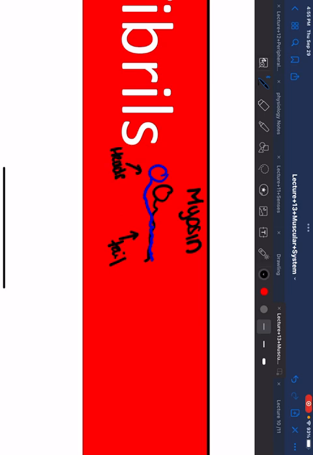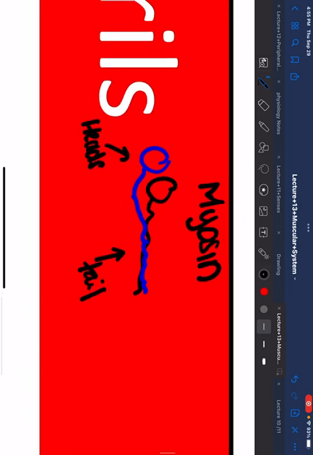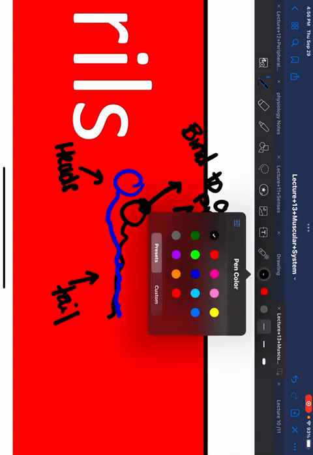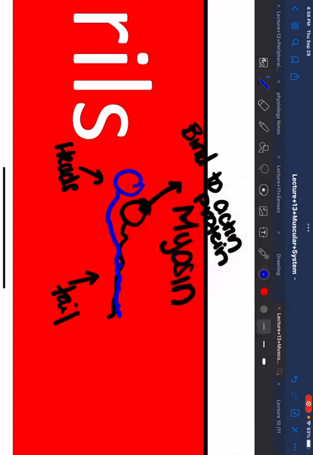One of the heads can bind to the actin protein, which we'll describe next. And the other head can bind to ATP. So thus, myosin, its heads, each has a binding site. One binds to the actin protein, and the other head binds to ATP.